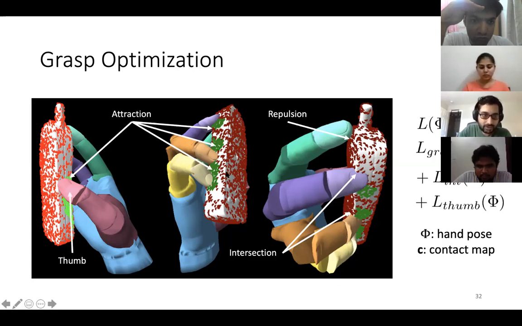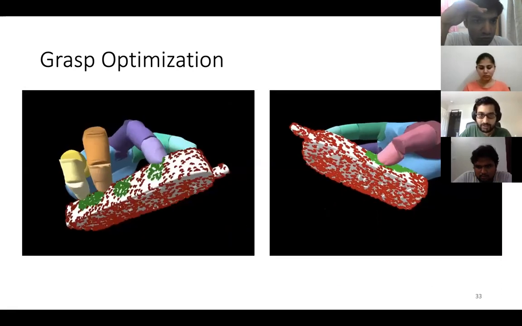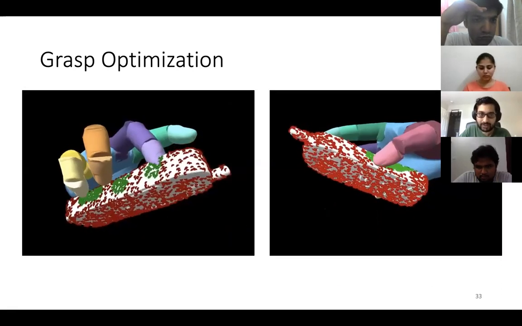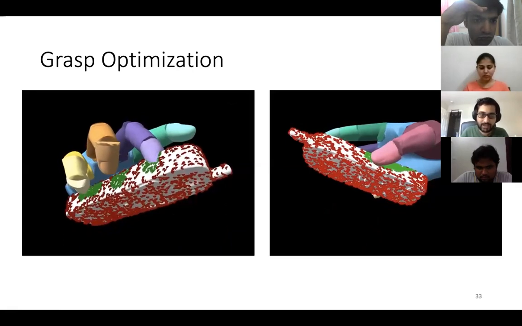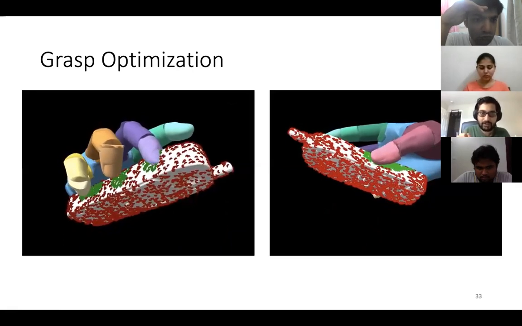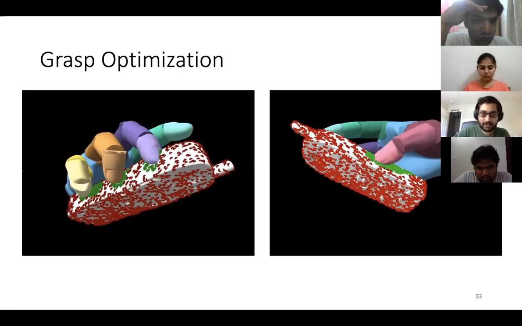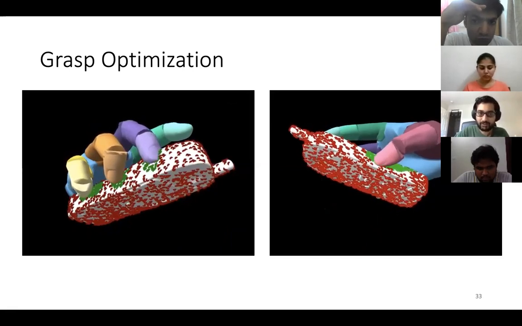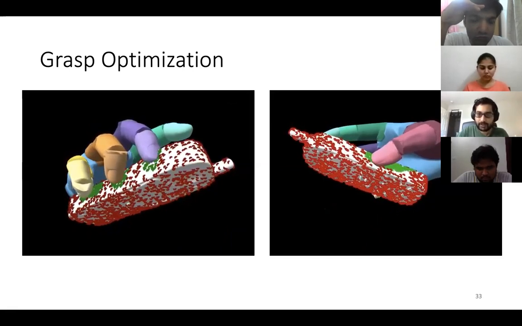There's also a term on the thumb. We know that humans always have their thumb on the object while grasping, so we're just trying to encourage that. Here's a video which shows that in action. You can see that the joints are being arranged so that the repulsion happens and the attraction happens, and the penetration or intersection is discouraged.